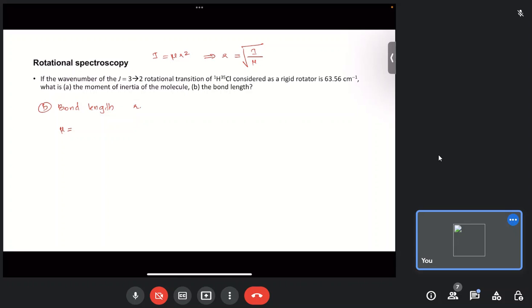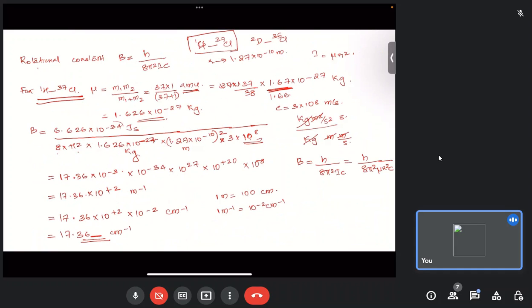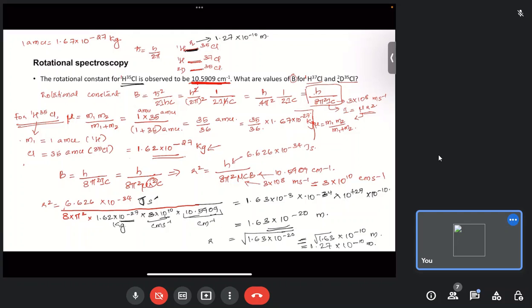So this is 1H 35 Cl. We found in the previous question how much the mu value is for proton and 35 Cl.